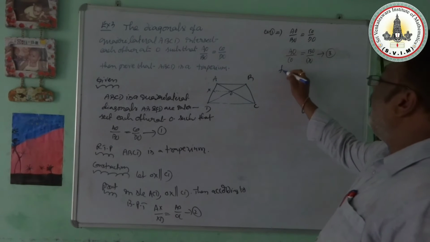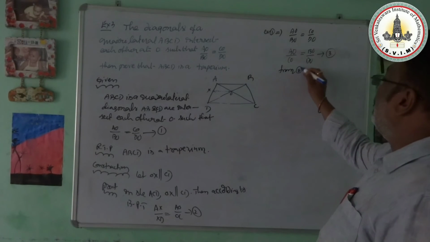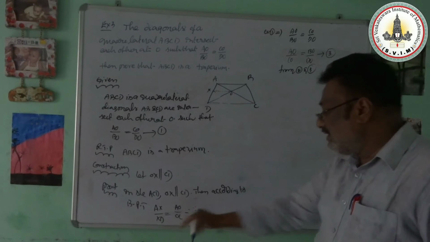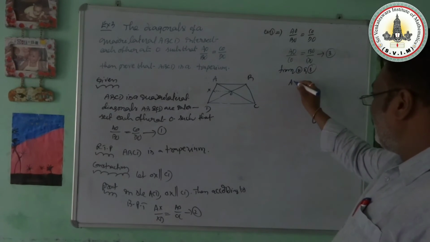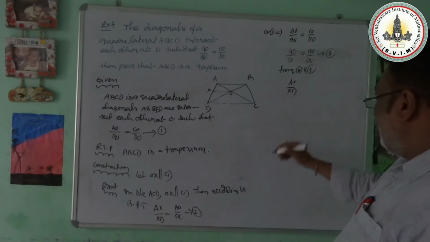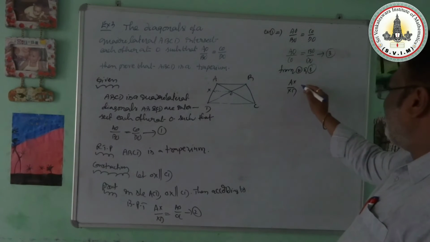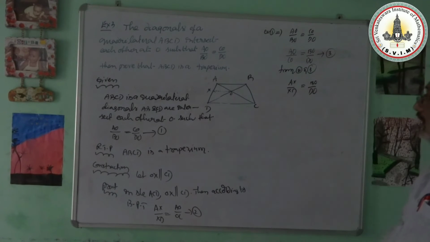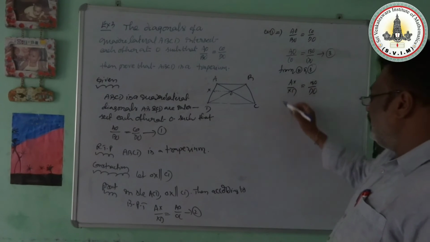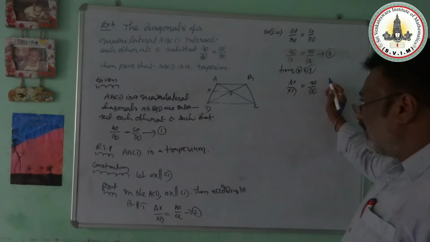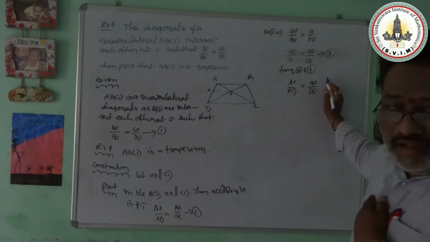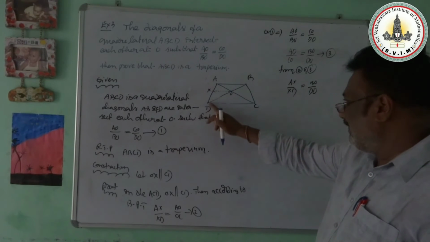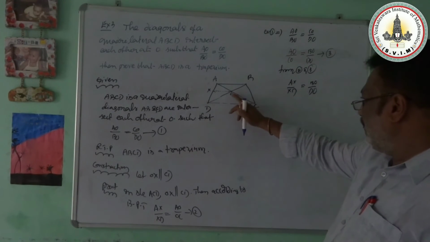From 2 and 3 you can write: AO by CO is equal to AX by XD, and that same AO by CO is equal to BO by DO. That's all. This part we need to mark in the figure. AX by XD is equal to BO by OD, we are getting.